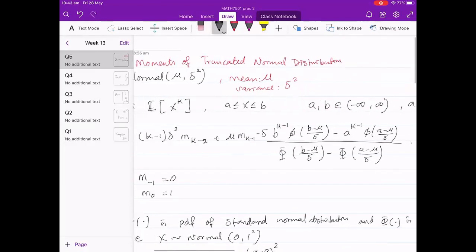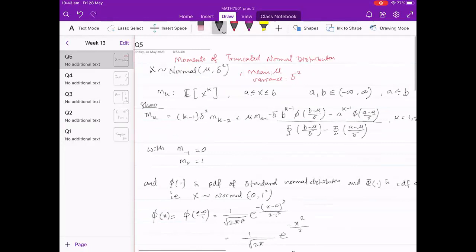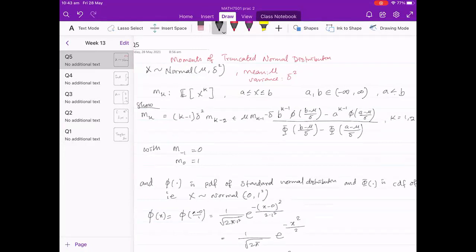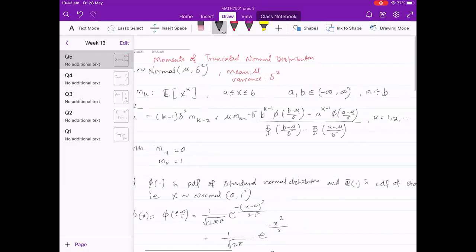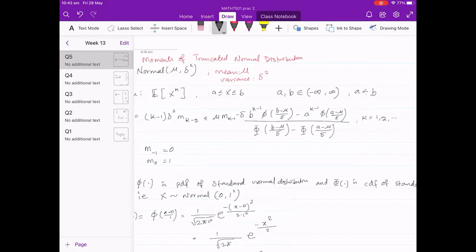Okay. We need to show that the kth moment is given by this horrible recursive formula where this function is the PDF. This is the PDF of U.